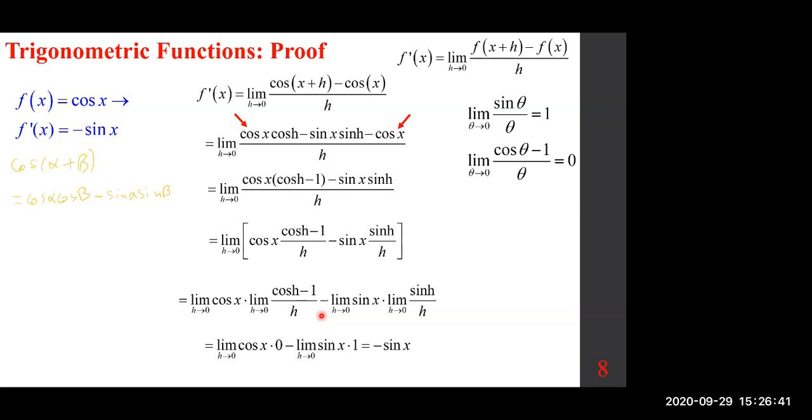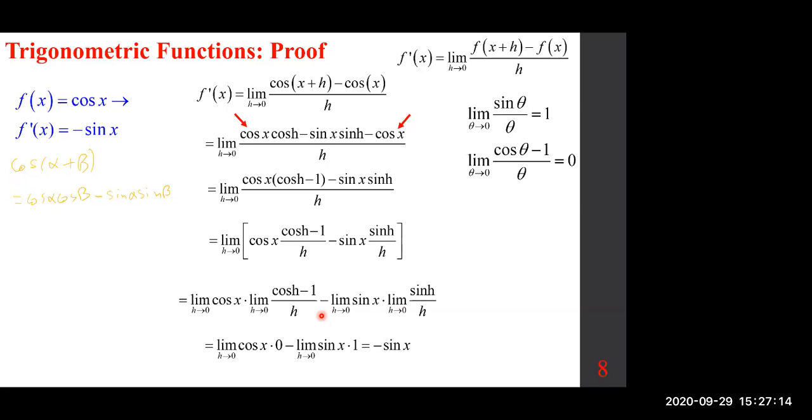So I hope everybody is clear as to what's going on. So we just proved that if f of x is cosine x, f prime of x is negative sine x. So we went over the proof of that for everybody.